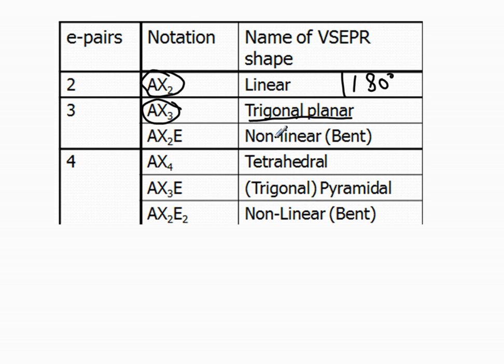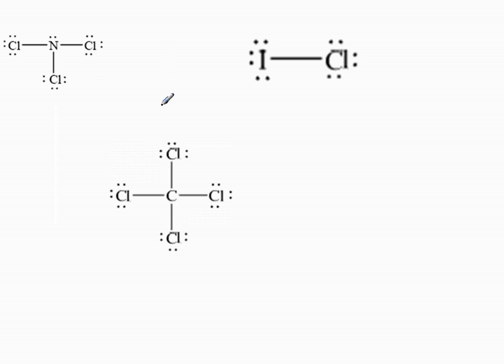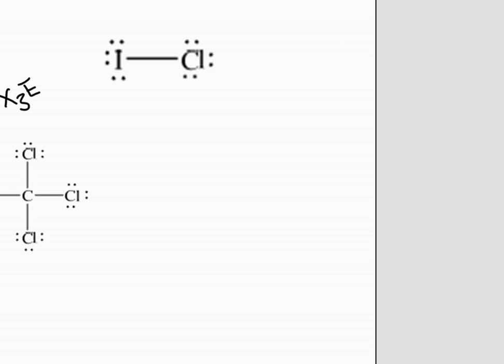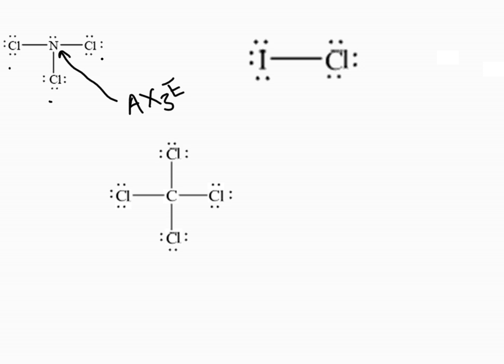Let's do another one. We go over here. My central atom is N. So I go A, X, how many atoms are directly attached? 1, 2, 3. So it's AX3E. Why? Because I have a lone pair of electrons on my central atom. That's the E. So that represents the E, AX3E.